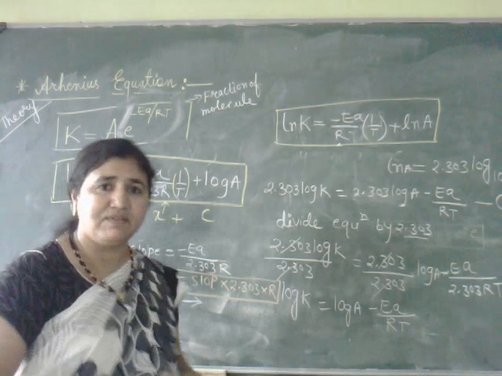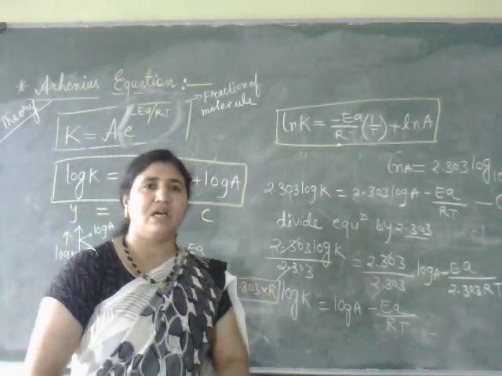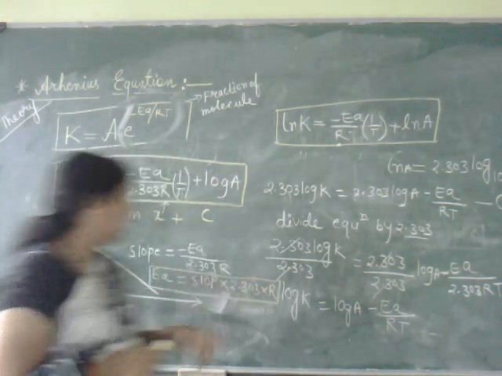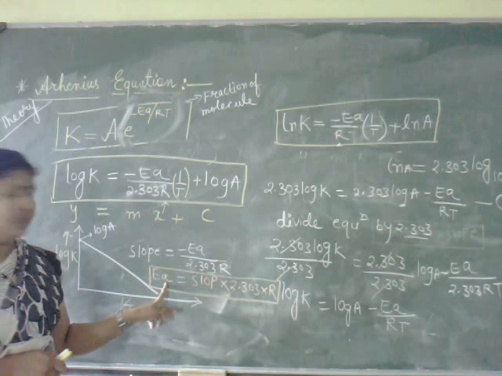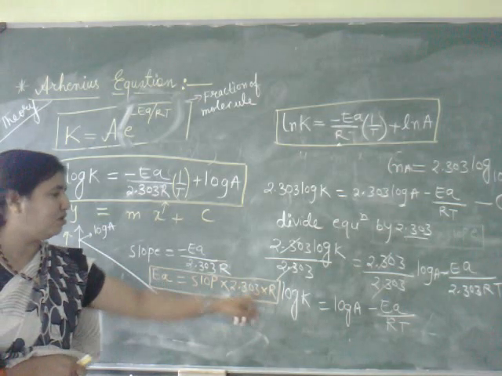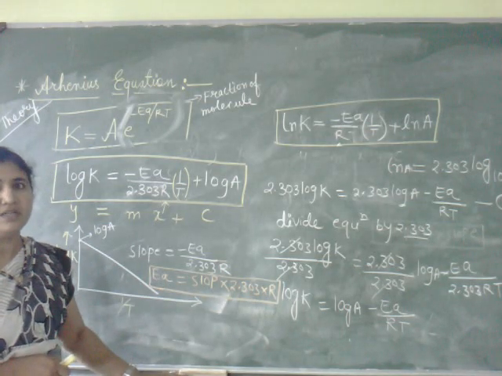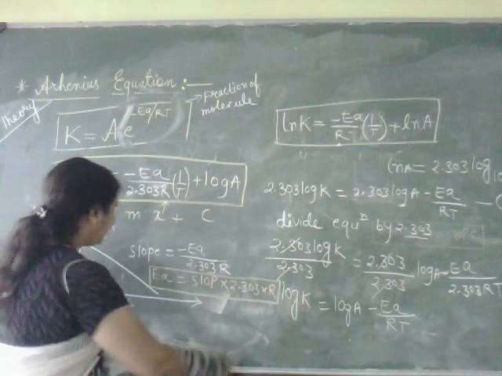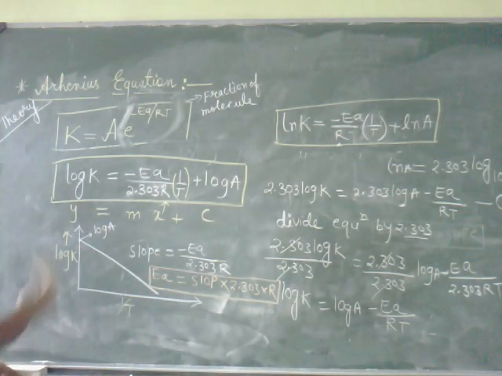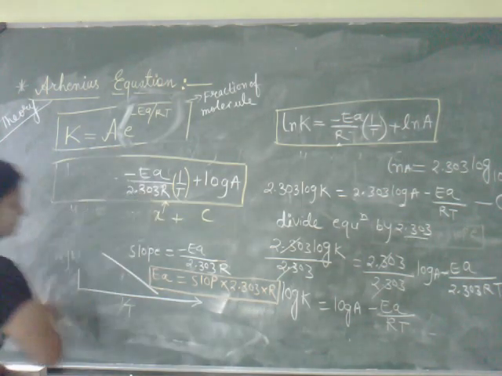If they give a graph and ask you to find the activation energy, then we can use this formula: EA is equal to slope into 2.303 into R. Understood? Okay, based on this graph, we can solve one problem.